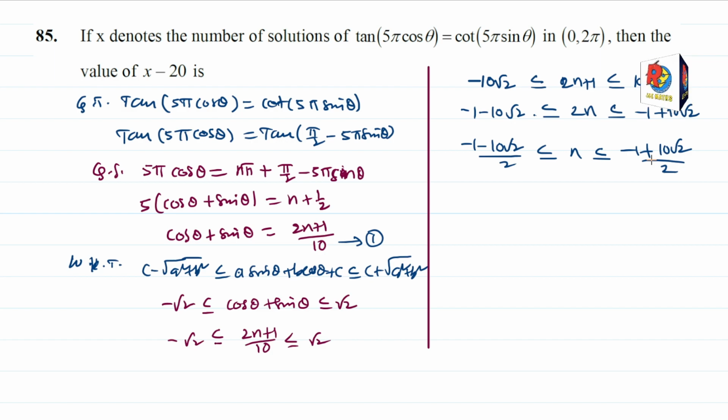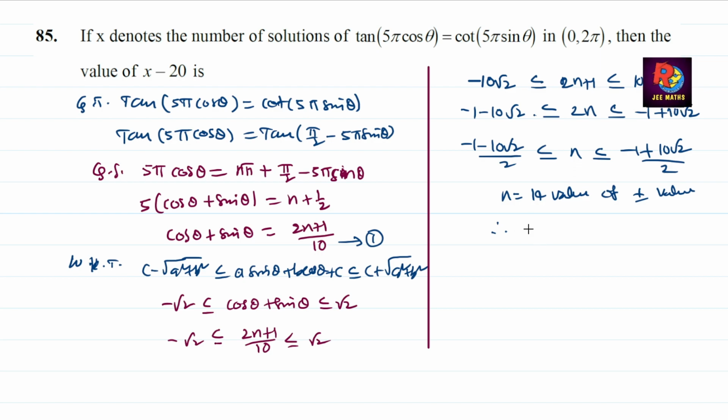Here 10 root 2 means, actually, root 2 value is 1.414. 10 multiplied with 1.414, so approximately n will take 14 values of plus or minus. So plus or minus means total n value: the negative values are 14 and positive values are 14.